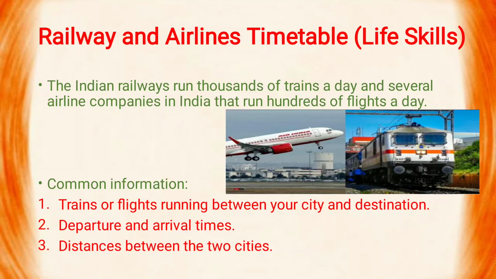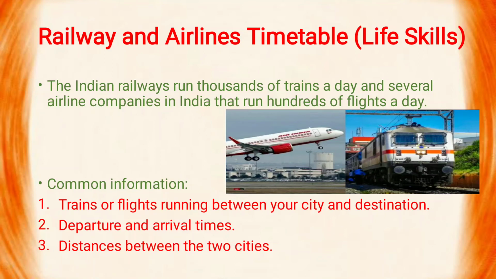The first is the trains or flights running between our city and the destination. The second is departure and arrival time, and the third is the distance between the two cities. While traveling we want to know the arrival time as well as the departure time, everything; only then can we travel, otherwise we will miss the train.